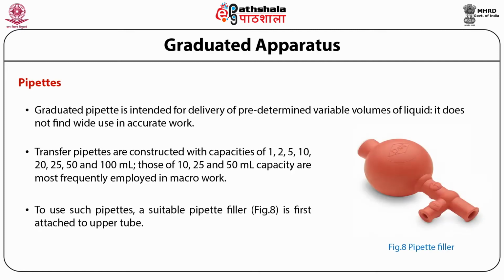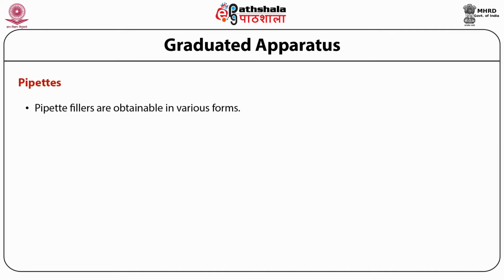To use different types of pipettes, a suitable pipette filler is first attached to the upper or suction tube, as shown in figure 8. These devices are obtainable in various forms. A simple version consists of a rubber or plastic bulb fitted with glass valves which can be operated between finger and thumb.